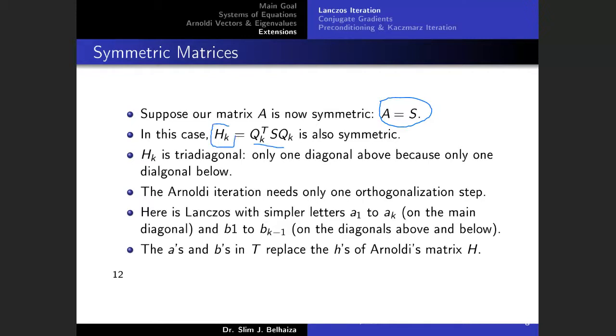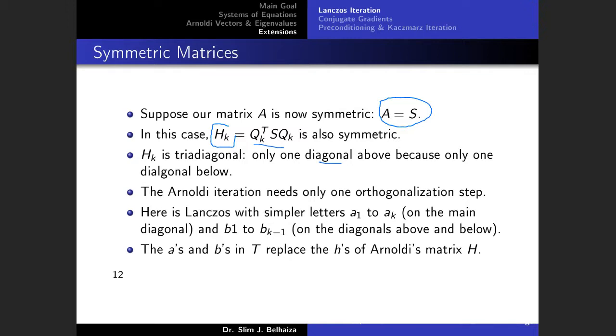So we say, in fact, that H is tridiagonal because only one diagonal above and only one diagonal below. So the Arnoldi's iteration needs only just one autoregressive step instead of rolling over all preceding vectors. So in that case, we call it the Lanczos algorithm or Lanczos iteration.